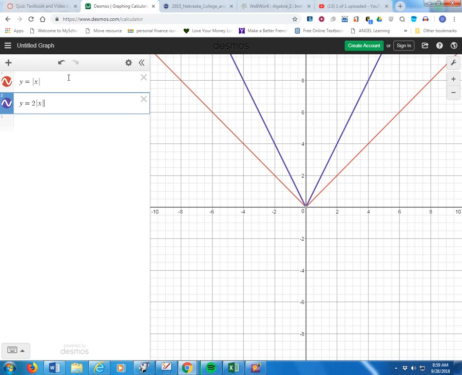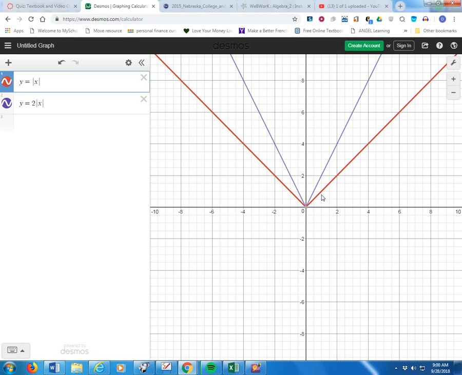When you put a coefficient in front of a function like this, if the number is greater than 1, it stretches the function up by that factor. So now, instead of the point 2, 2, it's now 1, 2. This point here, sorry, is 1, 1. But its counterpart in the blue graph is 1, 2. So it just multiplied the y value by 2, which forces that stretch up.